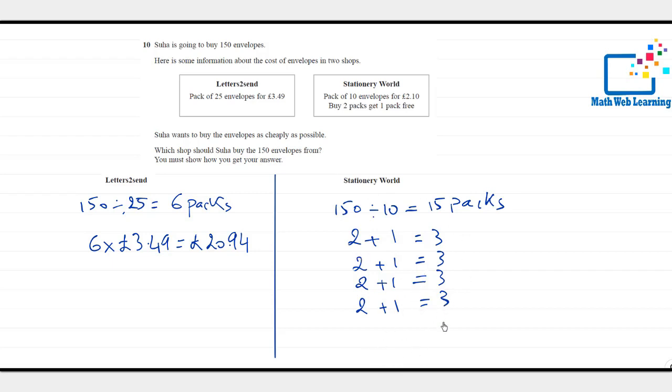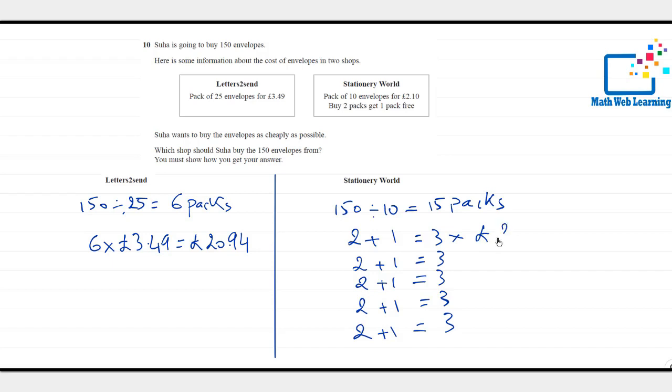All right, 1, 2, 3. So far we've got 12 packs. Remember, she needs 15 packs. And so basically, she needs another 2 plus 1. 1, 2, 3, 4, 5. 5 times 3 is 15 packs. Now, because she's buying 2, she gets the third one free. So she's only paying for 2.